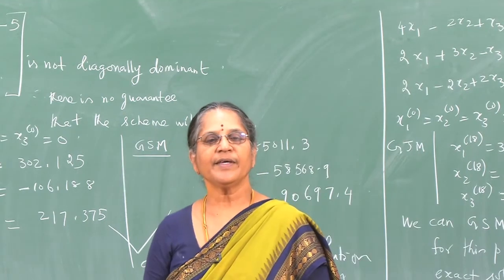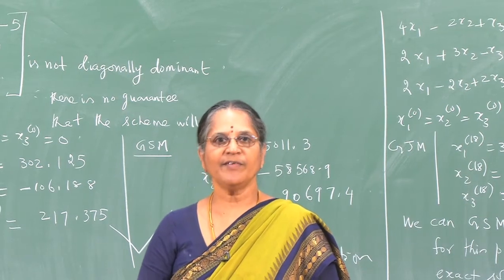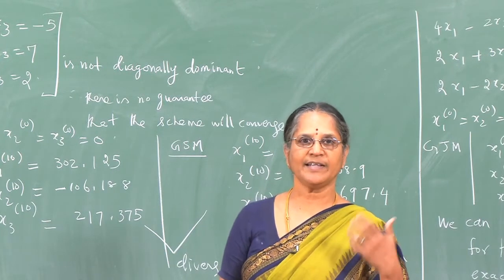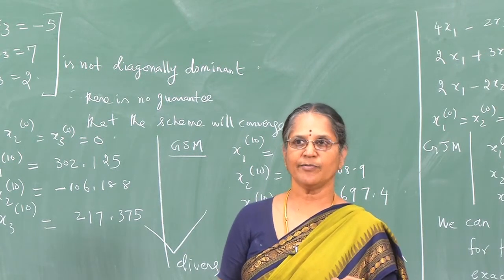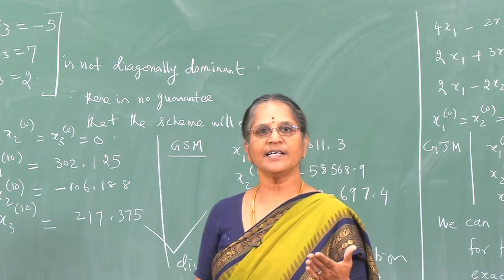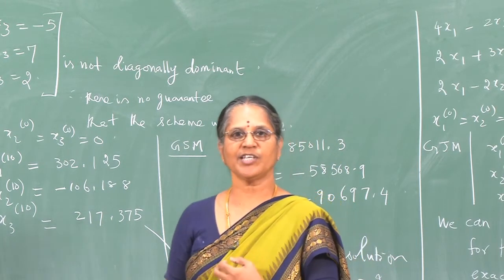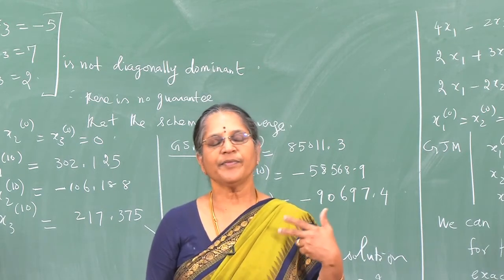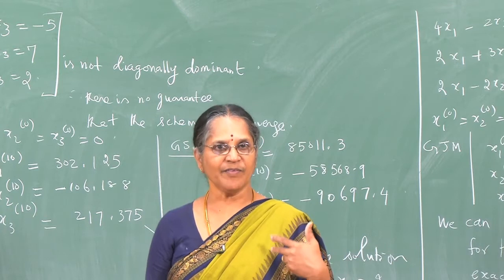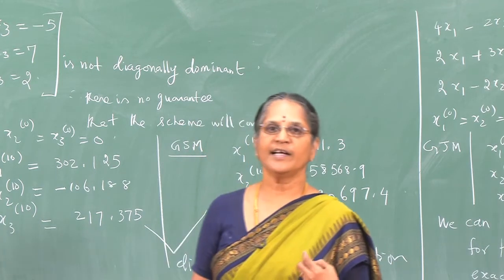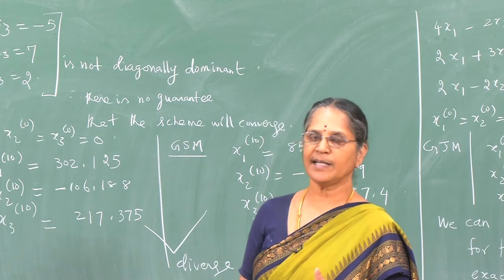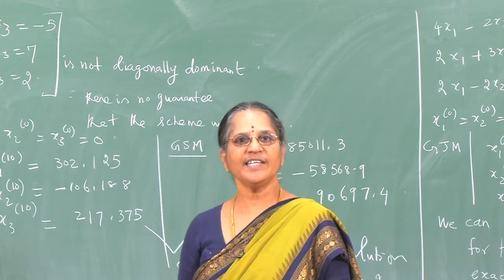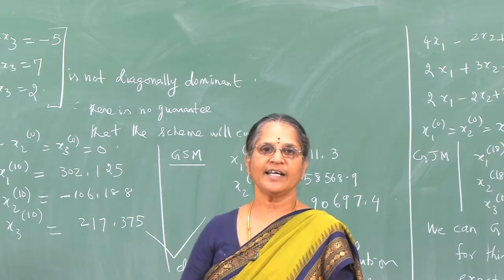So, summarizing the methods for solving a system of equations, we said that we have two classes of methods, namely the direct methods and the iterative methods. The direct methods comprise of decomposition methods, Gauss elimination method and Gauss-Jordan method, whereas the iterative methods that we have learnt in this course are Gauss-Jacobi method and Gauss-Seidel method. So, given a system of equations, we can apply any one of these techniques and obtain the solution.